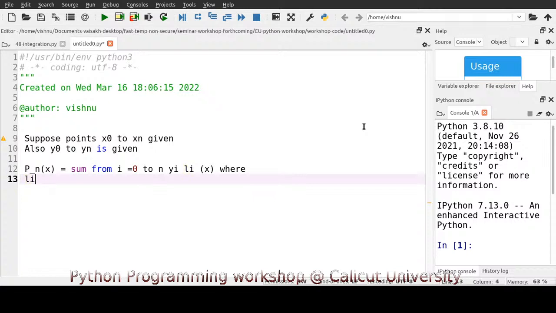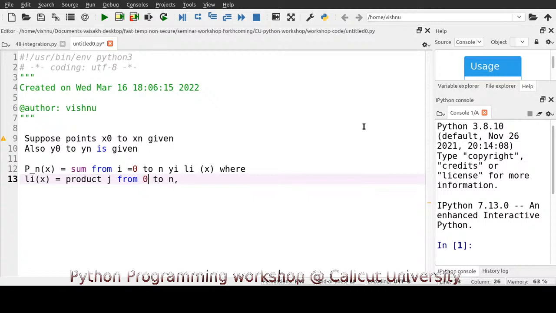I'm not going into the details of the theory behind deriving all these things, I'm just going to compute that. li of x is another kind of polynomial, given by a product, product over j equal to 0 to n of (x minus xj) by (xi minus xj). So it's a product of the form product j from 0 to n.